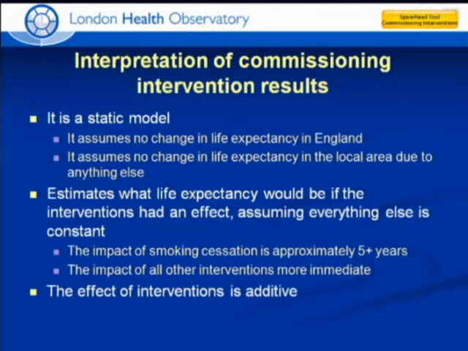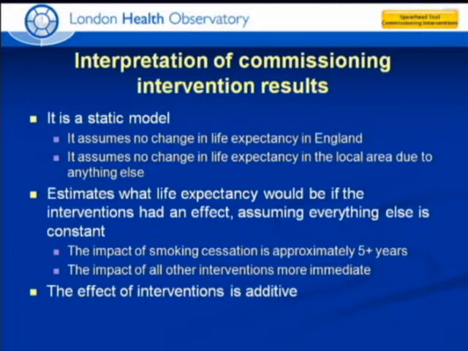So it assumes that there's no change in life expectancy in England, which is obviously not going to be true, because life expectancy is increasing in nearly every part of England. But the model assumes it remains the same. And it also assumes there's no change in life expectancy in the local area due to anything else, which is also not going to happen.